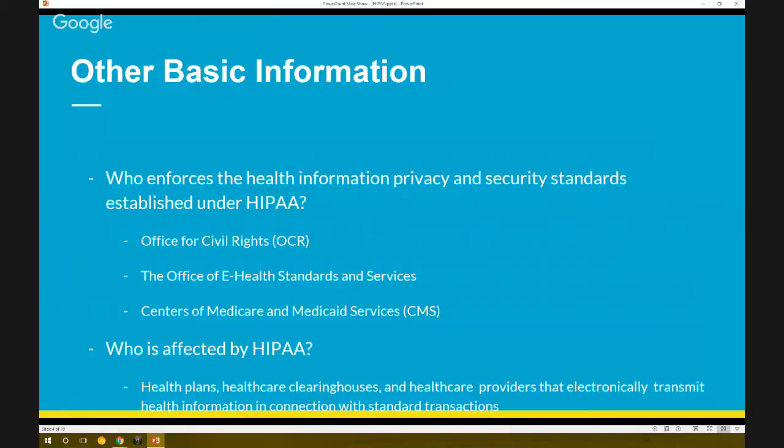Who is affected by HIPAA? They're the health plans, healthcare clearinghouses, and healthcare providers that electronically transmit health information in connection with standard transactions. Next slide.